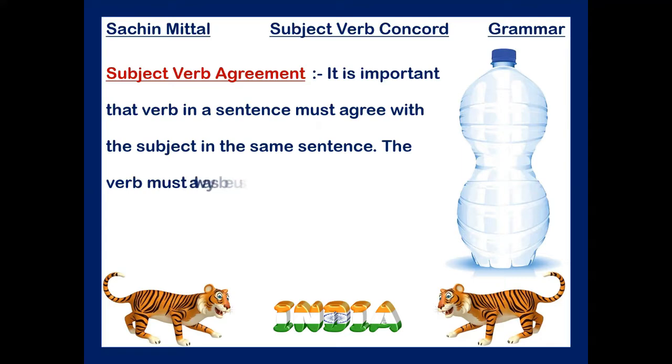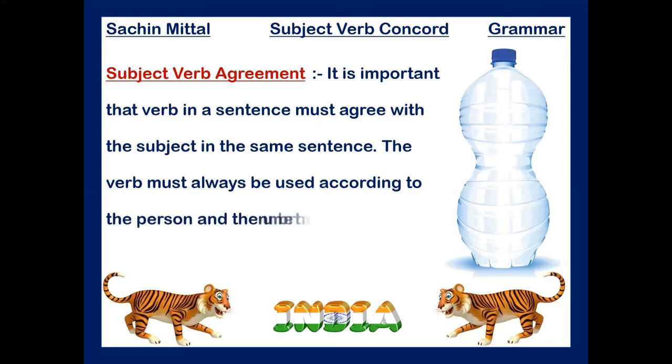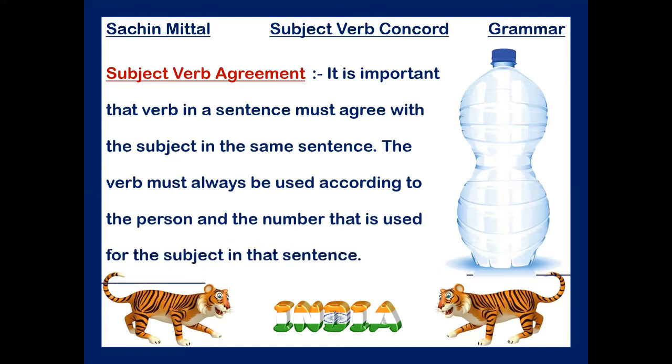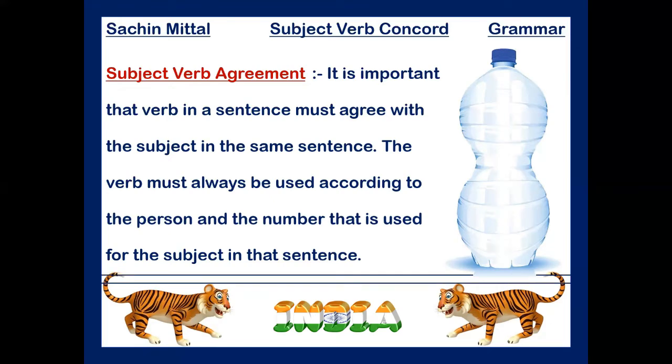Okay, so the main thing is एक सेंटेंस के अंदर वर्ब और उस वर्ब से पहले प्रेजेंट सब्जेक्ट का आपस में तालमेल होना बहुत ज़रूरी है. अगर ये तालमेल प्रॉपर होता है, we are getting a proper sentence. Otherwise, the sentence will not be grammatically correct.